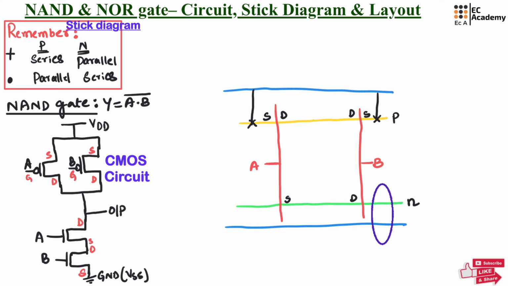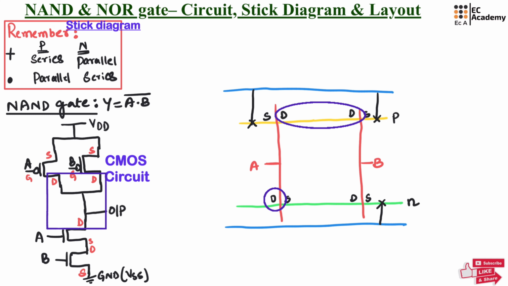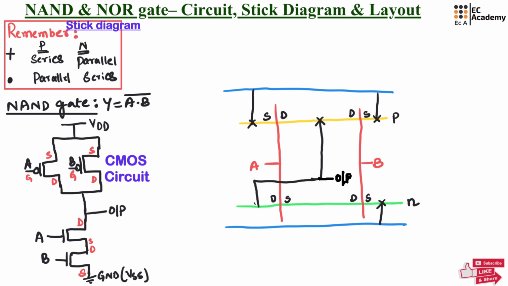So, let us take the contact and connect the source terminal to ground using contact, and drain terminal of A is connected between two drain terminals of A and B of PMOS. So, drain terminal of A in NMOS is connected between two drain terminals of A and B of PMOS, for which output is connected. Now, this is the stick diagram.